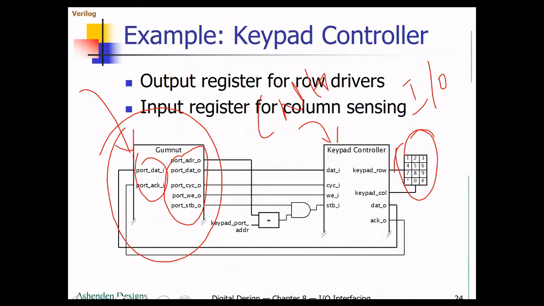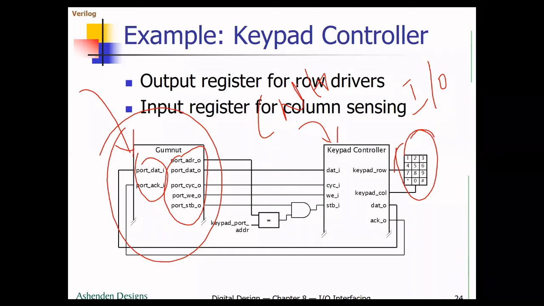To understand the communication between the controller and the GUMNet processor, we'll have an output register for the row driver. We have to scan the row, right? I mean, which row key is high. So we'll do a row scan. To do the row scan, that particular bit is connected to the IO device, and the keypad column is connected to the IO device.